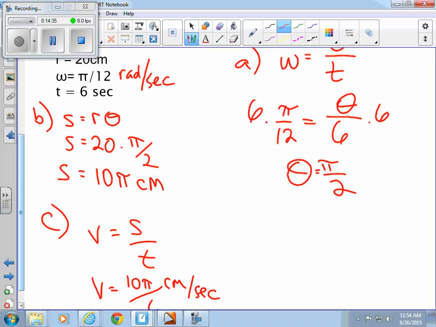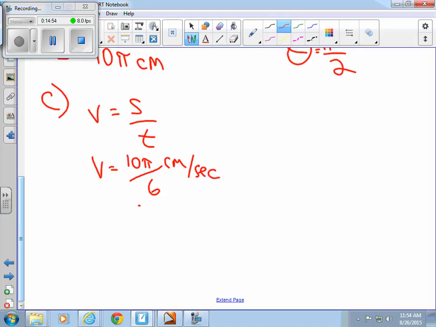So 20 times pi over 2. And yes, 10 pi over 6 is the same. Any questions? So that's using a formula or using your brain. Either way, they work great.